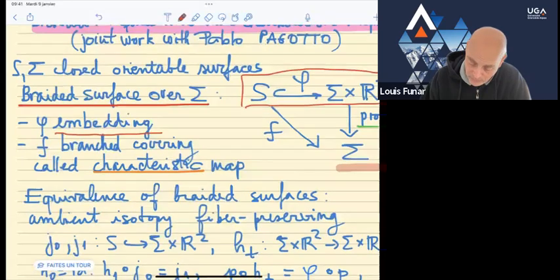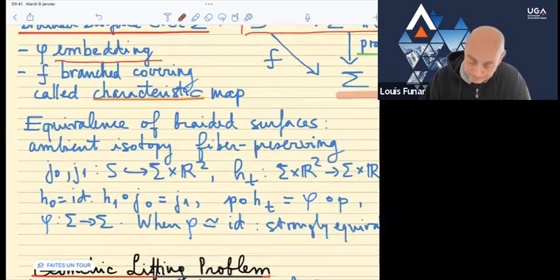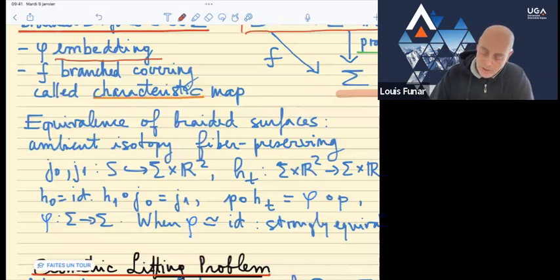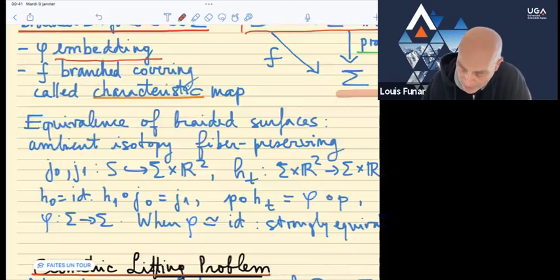Now, as a four-dimensional object, we have to introduce some kind of equivalence among braided surfaces, which is usually the one coming from ambient isotopy that is fiber preserving, meaning that we have two maps, J0, J1 from S into the product of sigma and R2.